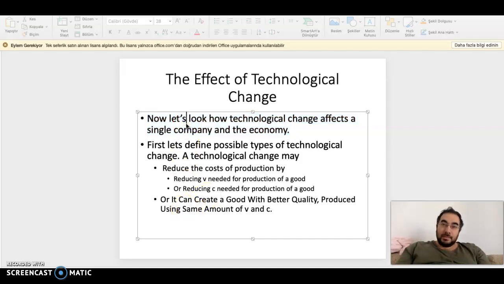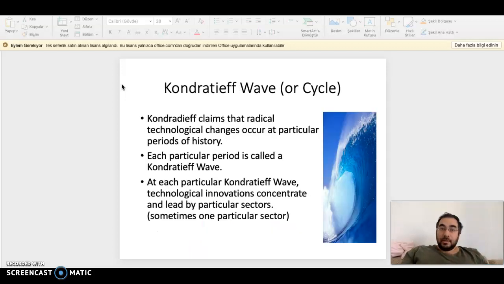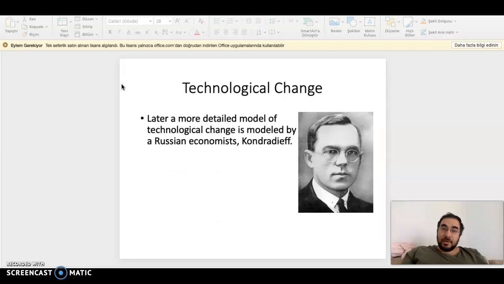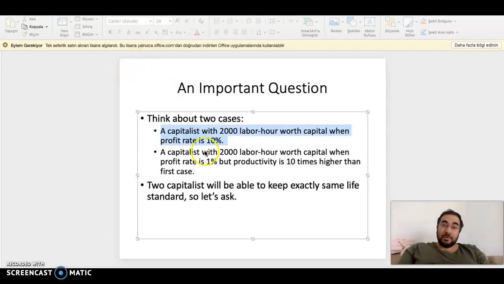And in this part, we will basically look at the way we can put the technological change analysis into a Marxian model, as a starting point. But before doing that, I would like to ask one question on the profit rate, and whether the profit rate is really important or not.